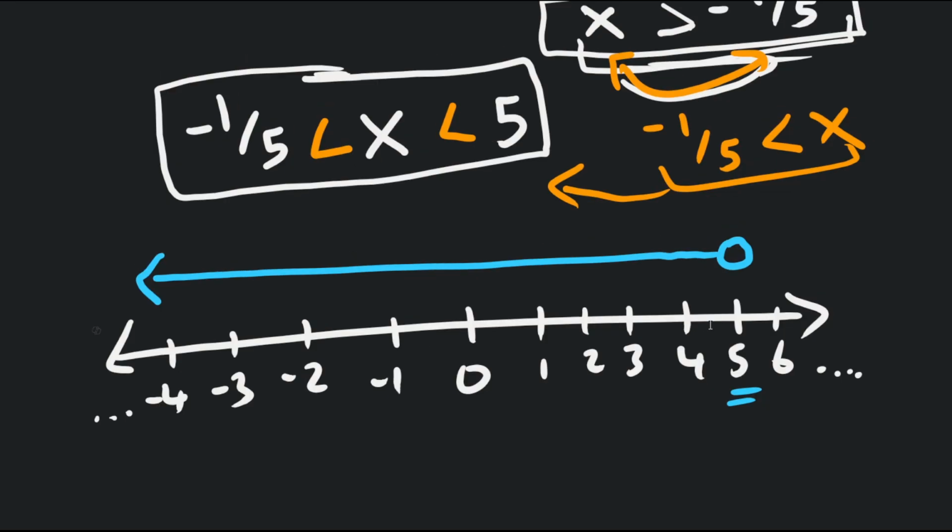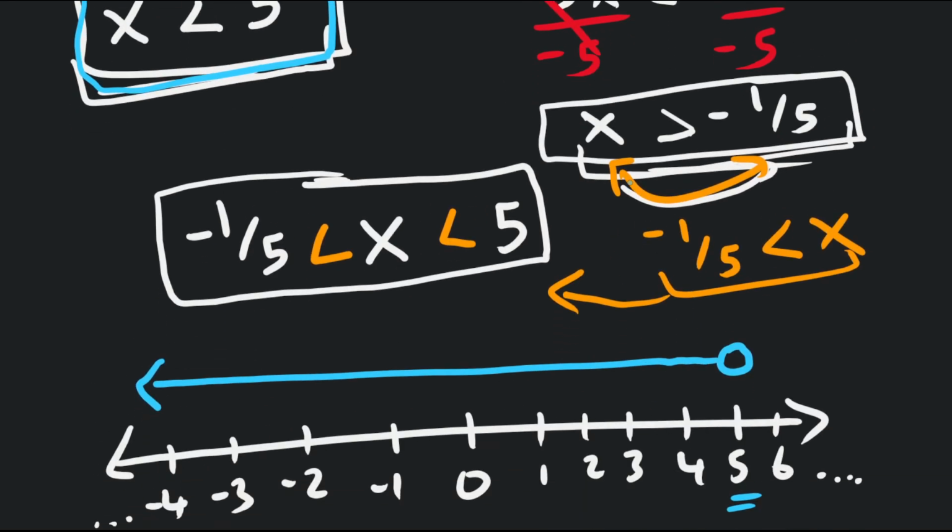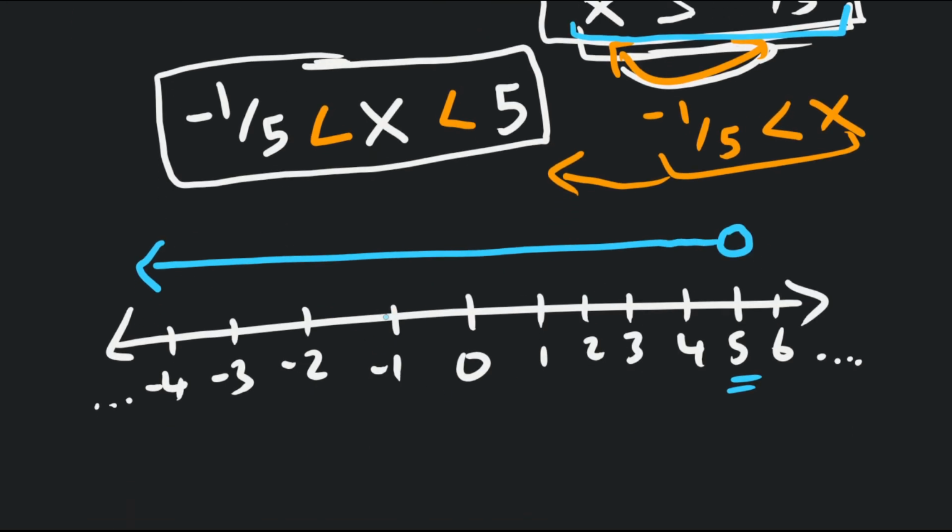And now let's go on to this one right here. X is greater than negative 1/5. So let's do the same thing. Negative 1/5 is somewhere between 0 and negative 1. Let's say it's right here, negative 1/5. So we will use an open circle. And which part is greater than?